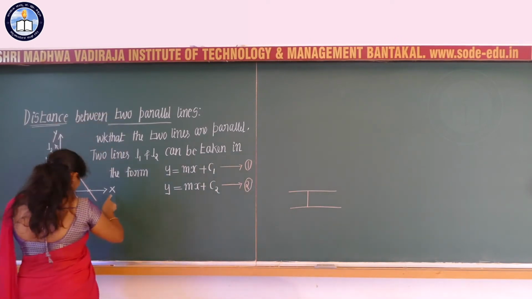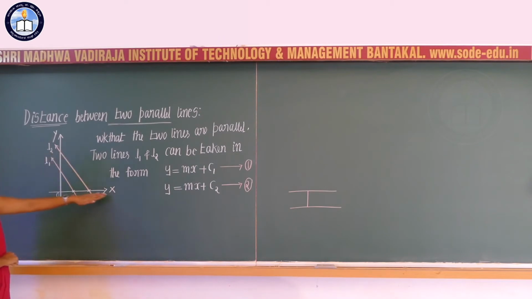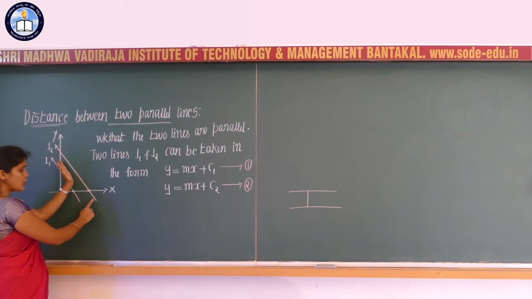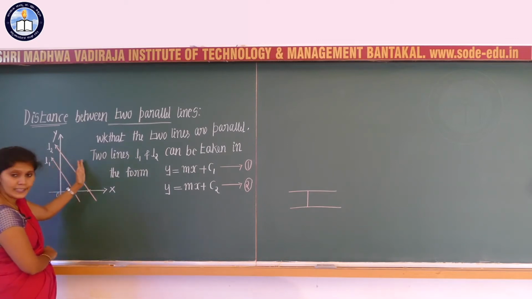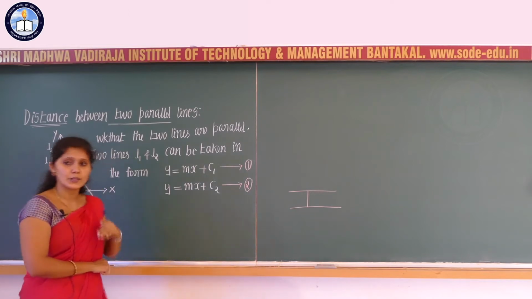With respect to the xy plane, L1 is the first line and L2 is another line, in such a way that these two lines L1 and L2 are parallel to each other.